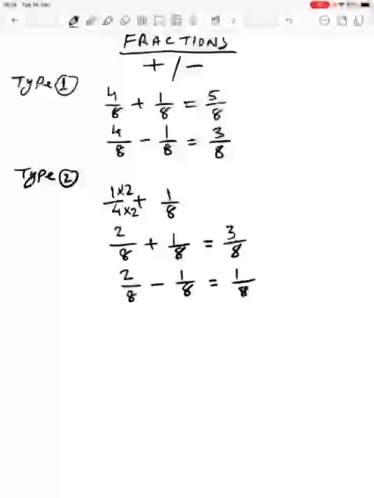Type 3 is 1/3 plus 1/4. Now, in this case, we can't change the smaller denominator to 4 by multiplying with a whole number. So we need to find the LCD in these cases. In this case, you just multiply 3 with 4, it will be 12. We want to make the denominator 12.